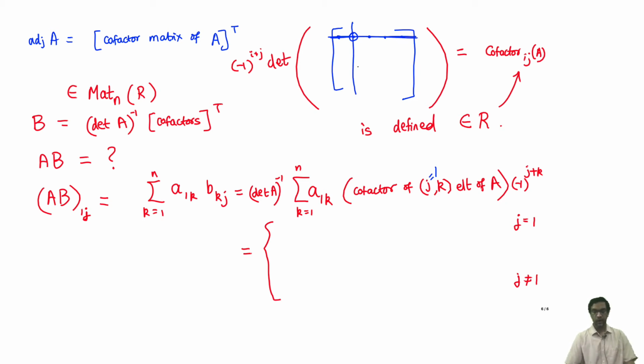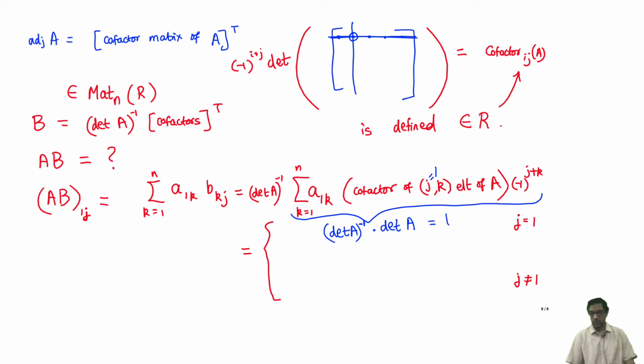But that's exactly how you compute the determinant of a matrix by expanding along the first row. So when I take j equals 1, this sum turns out to be exactly the determinant of A, because the determinant can be computed by expanding along a row. And outside, remember, I have det A inverse. So det A inverse into det A, this answer is just a 1.